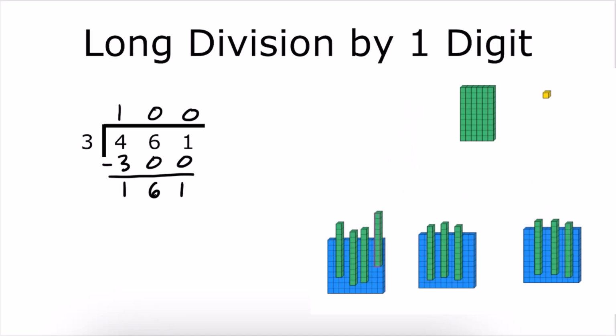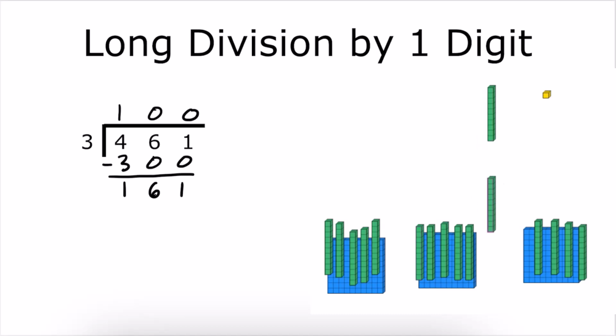Since 3 times 5 equals 15, we should have enough tens to put 5 in each group. And when you're teaching this to your students, you can have them make predictions of how much they think will be in each group, which will help them practice their division tables.